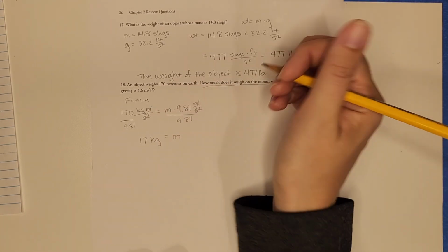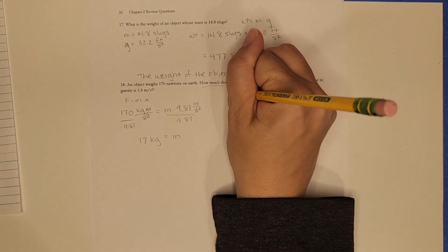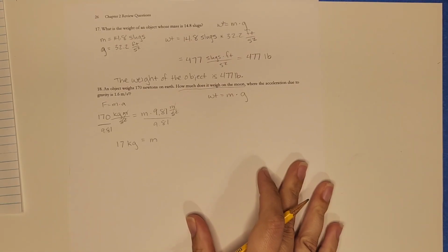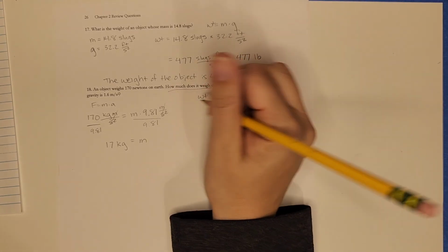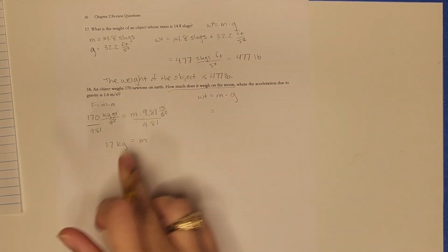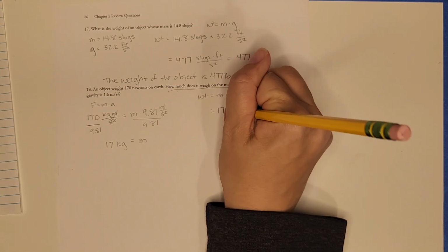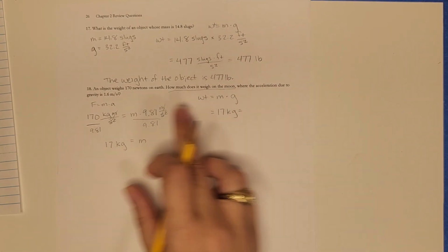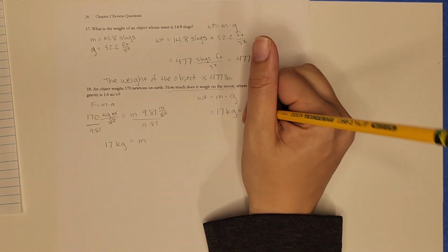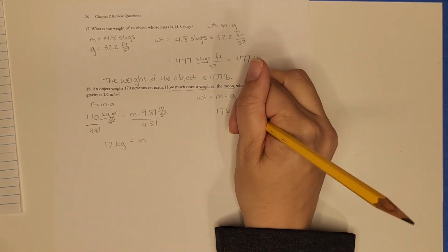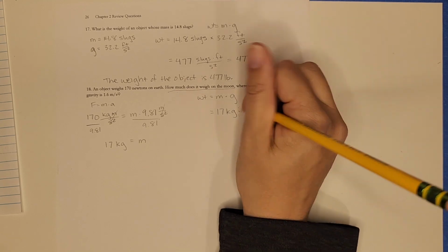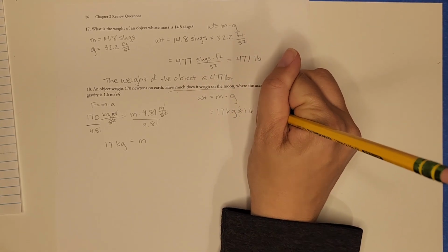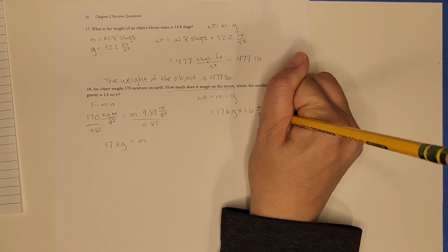And then now we can use our weight equation. Weight equals mass times the gravity. So our weight is unknown. Our mass is 17 kilograms, and our gravity is 1.6. Times 1.6 meters per second squared.